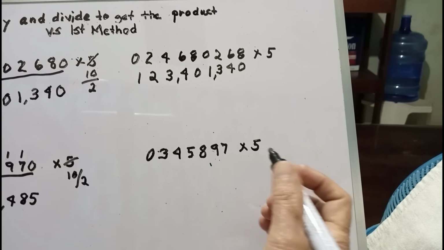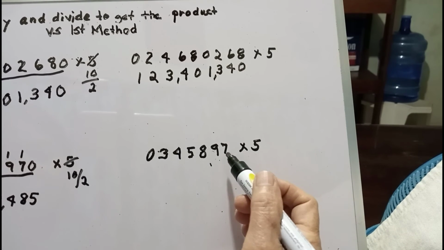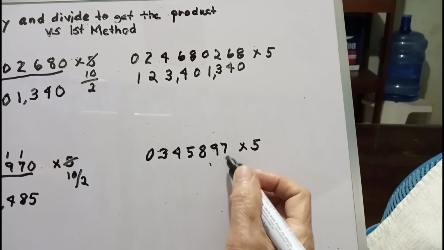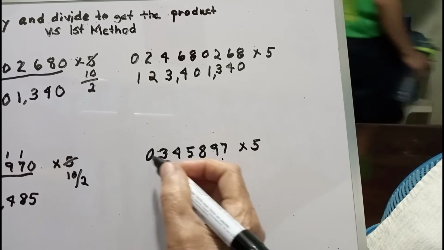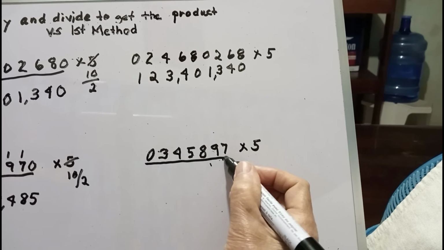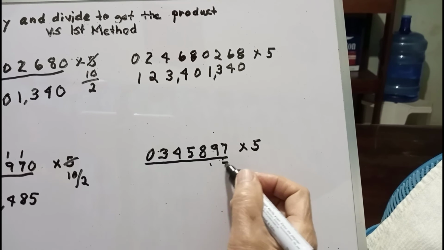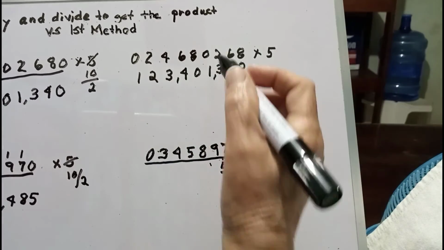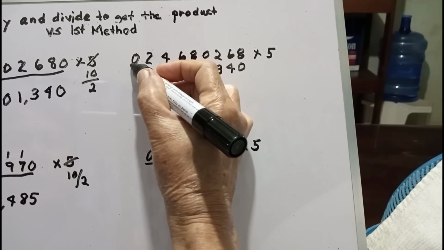What is the procedure? If it is odd, take 5 plus half the neighbor. It has no neighbor, so take 5. Or write down 5. We have to put a line so that you will not be confused with the answer.